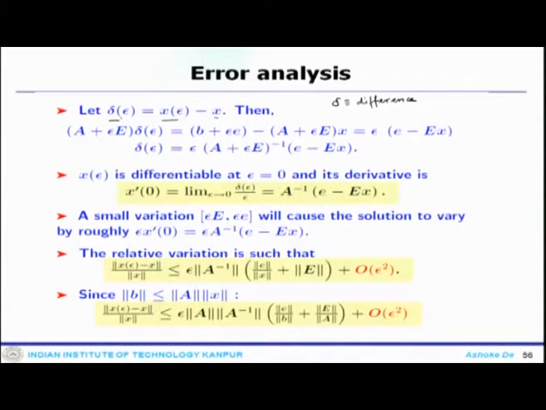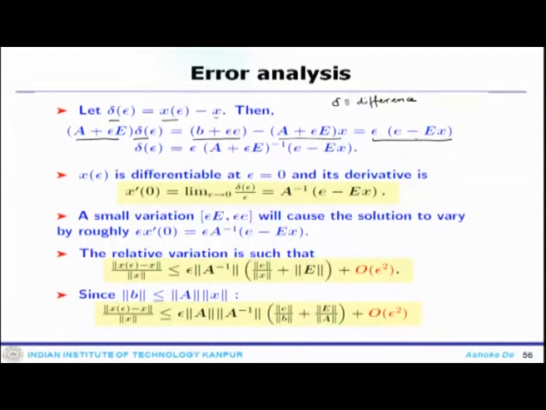Then one can write (A plus epsilon E) delta epsilon equals (b plus epsilon e) minus (A plus epsilon E) x, which will be rearranged as epsilon times (e minus E x).